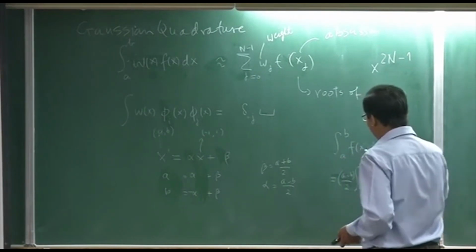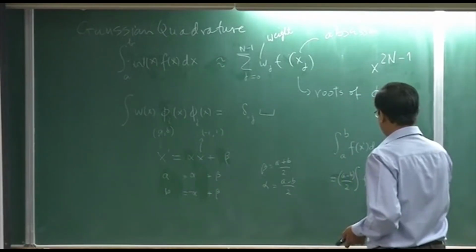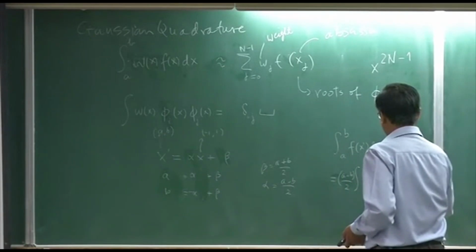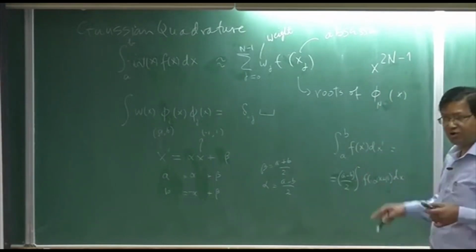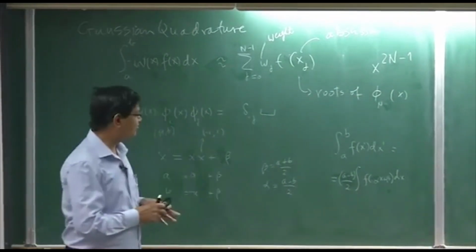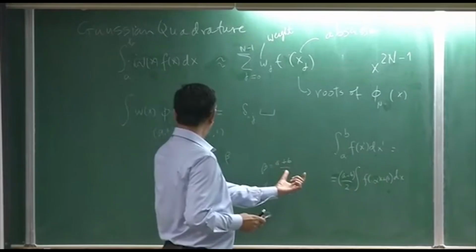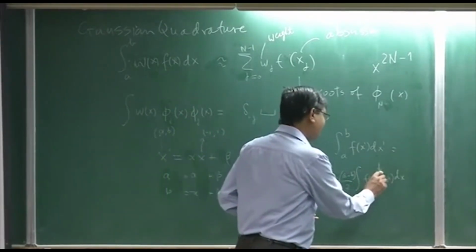So I have to compute f at x prime, which is going to be alpha x plus beta, but x will be going from minus 1 to 1.